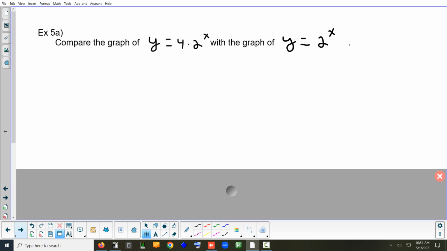Okay, so let's look at this one. This is example 4A. It says compare the graph of y equals 4 times 2 to the x with the graph of y equals 2 to the x.